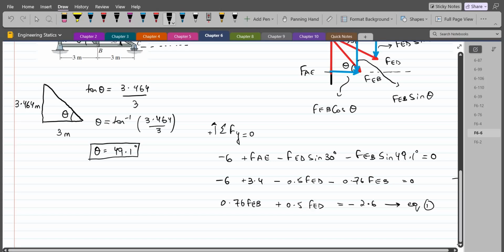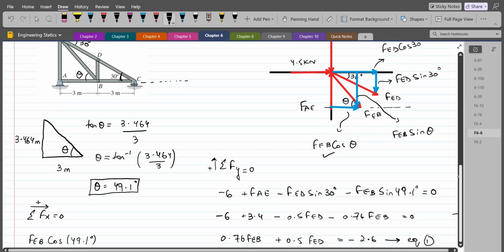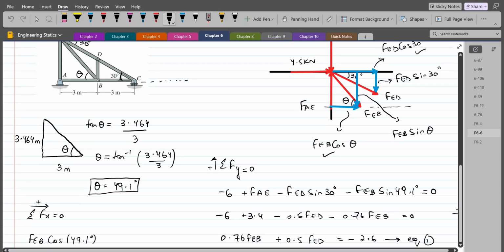second equation. So our second equation would be from the summation of forces in x direction equals to 0. I'm considering the right hand side as positive. So we have FEB cos theta, and theta is 49.1 degrees. We have FED cos 30, and we have this 4.5 kilonewton force.